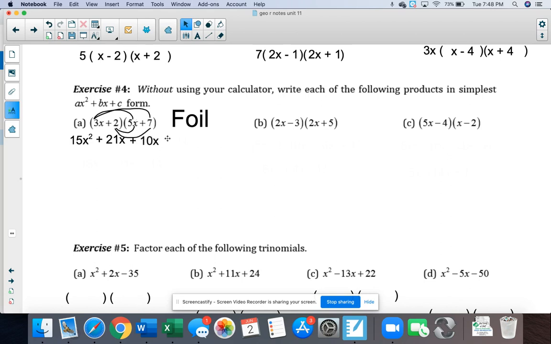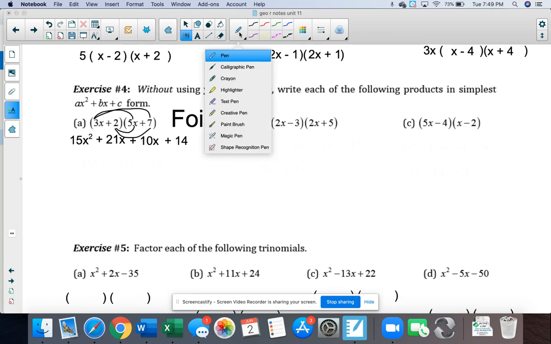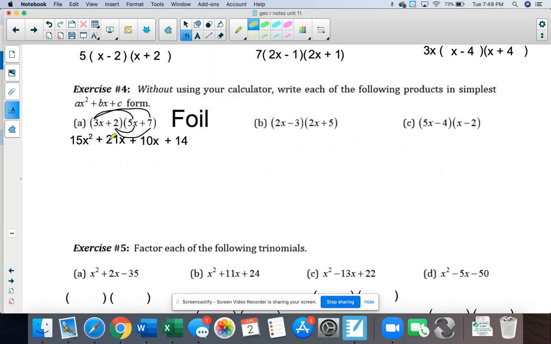And 2 times 7 is 14. You're always going to get two middle terms, and these you'll be able to combine together, because 21x plus 10x is just going to be 31x. So I have this in, now this is a trinomial. Trinomial means three terms. This is in my ax squared plus bx plus c form. 15x squared plus 31x plus 14.